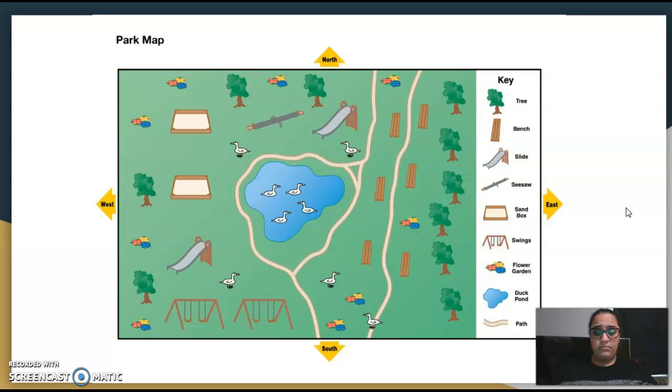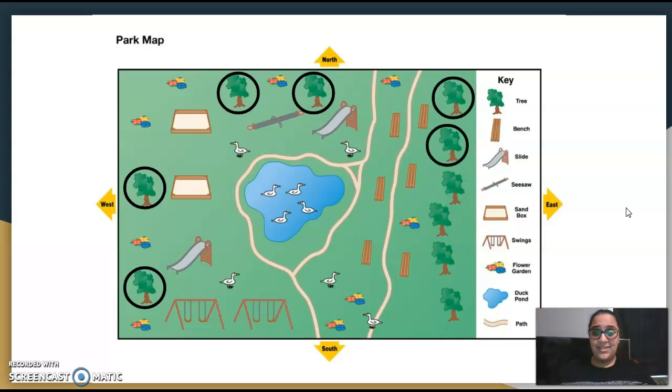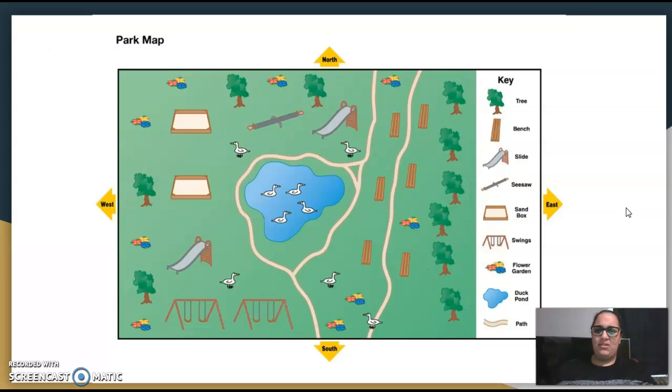Let's count them together. 1, 2, 3, 4, 5, 6, 7, 8, 9, 10. So that means there are 10 trees in this map. Good job. How many benches are in this map?